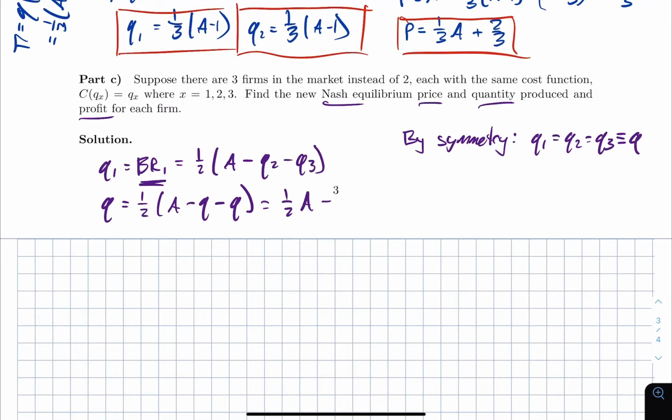So we have 2Q is equal to 1/2 A, which means Q is equal to 1/4 A.